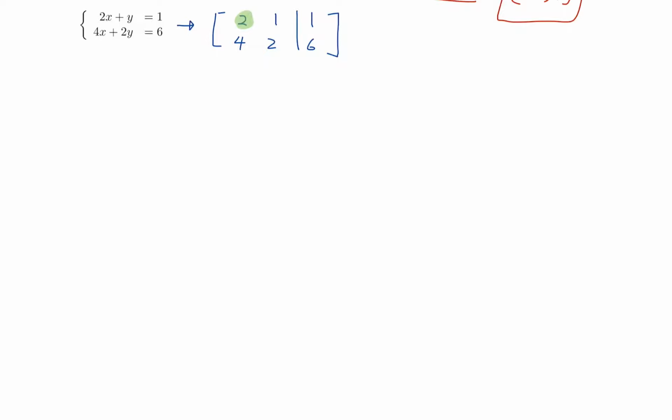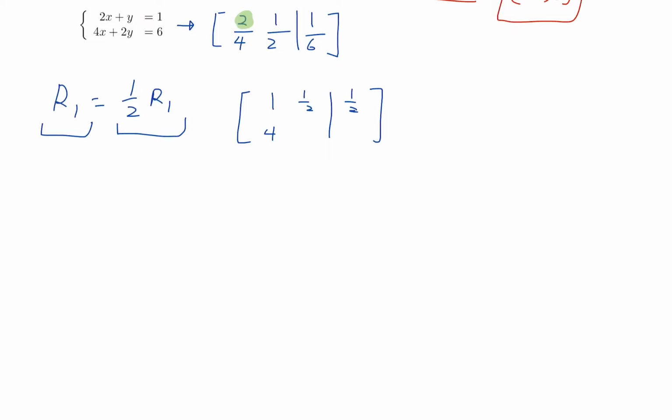Well, let's make row 1 equals 1 over 2 times R1. So now old R1 is becoming new R1. What's new R1? 1 over 2 times R1. So just essentially multiplying half all the way here. So then I have 1, half, half. Second row, we haven't changed it, so it stays as it is. So this one's good now. Now we have to make this 4 0.